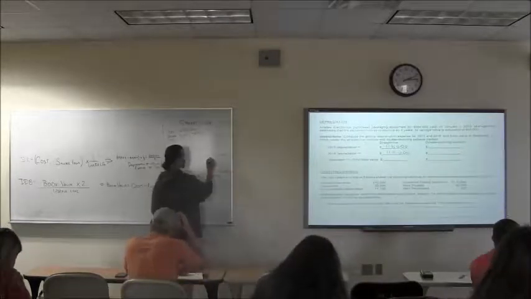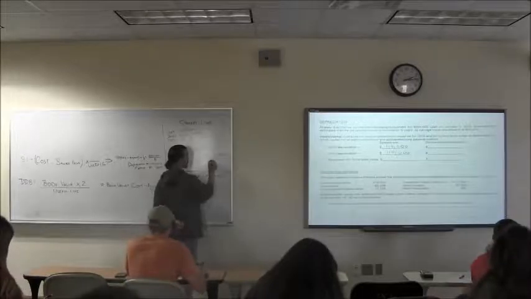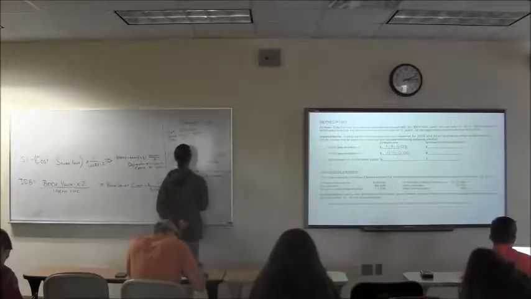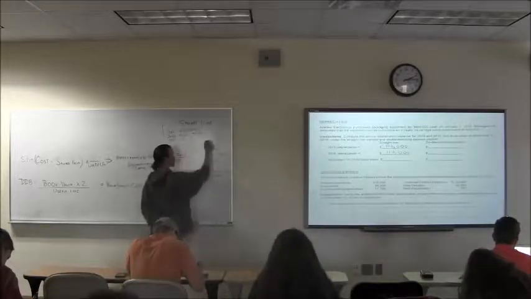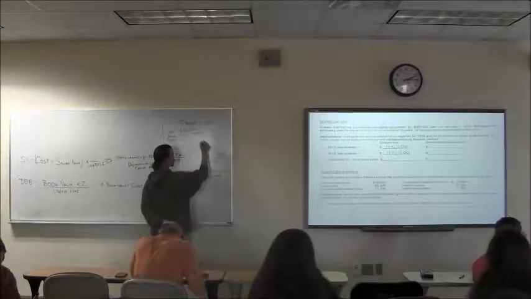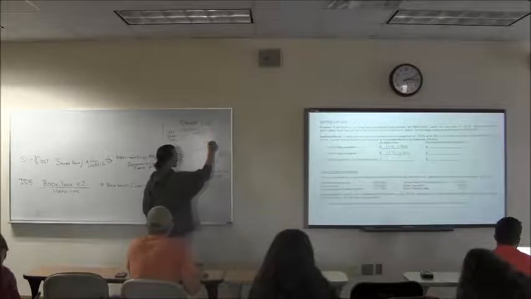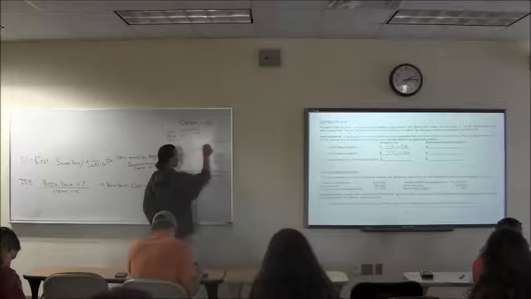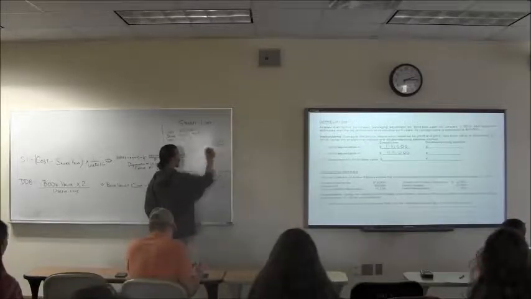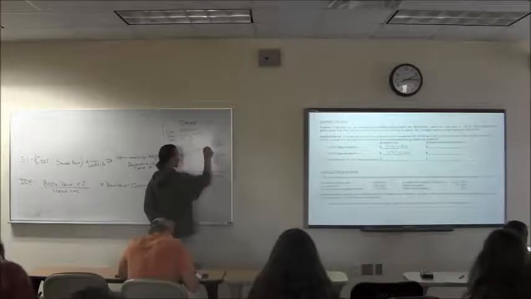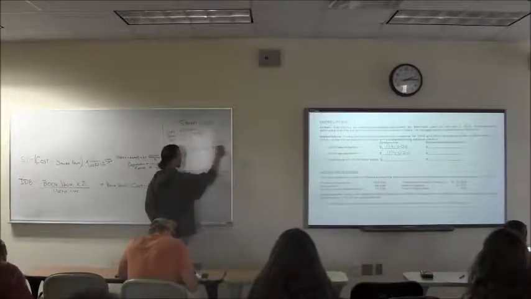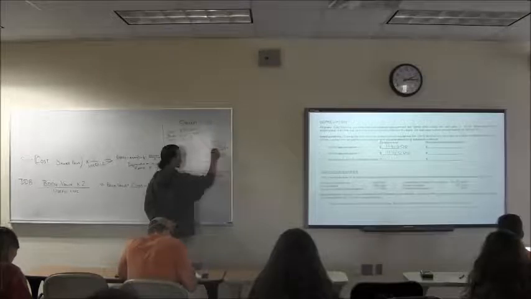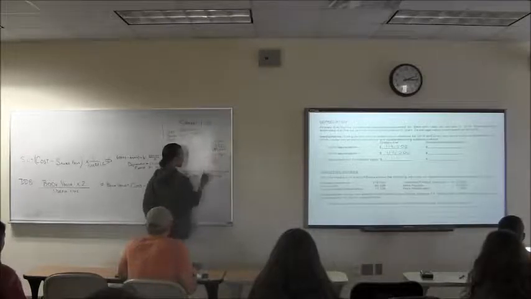This will be 600,000 minus 220,000, which is $380,000.